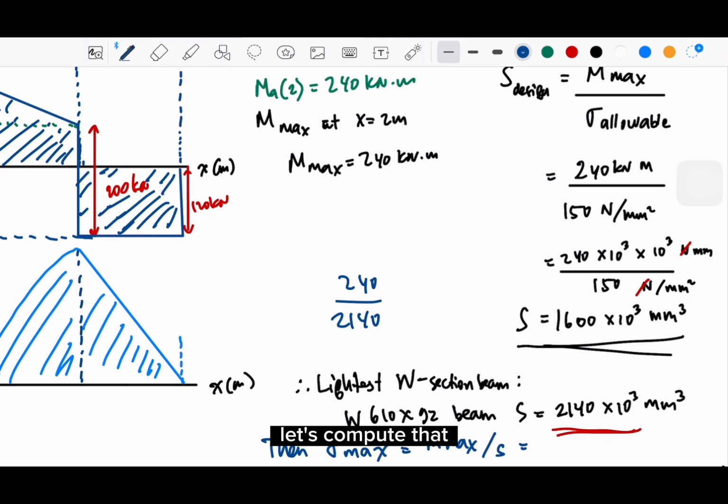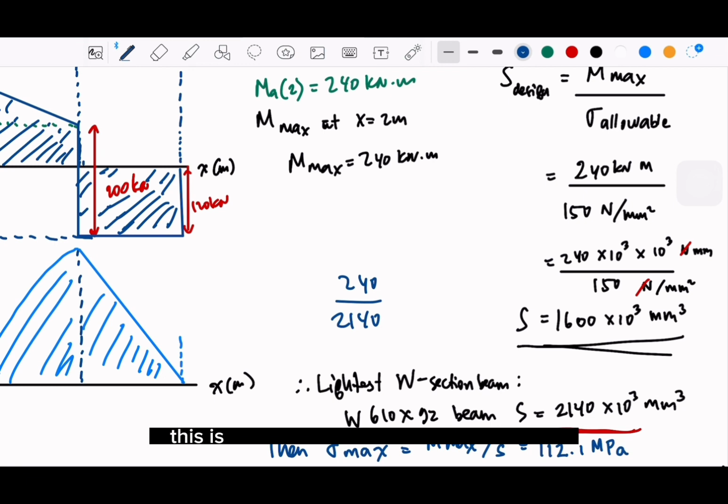Let's compute that. It's going to be around 112.1 MPa. This is kilonewton meter, and this is in millimeter cubed.